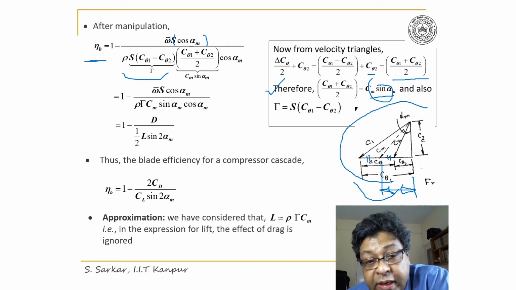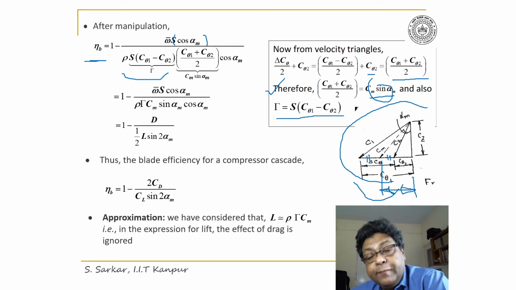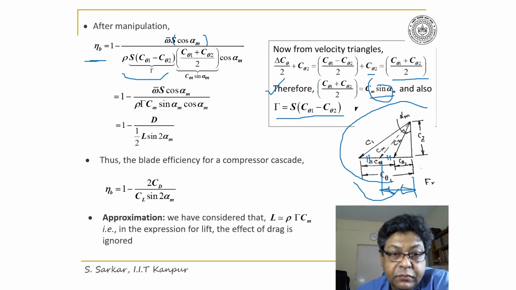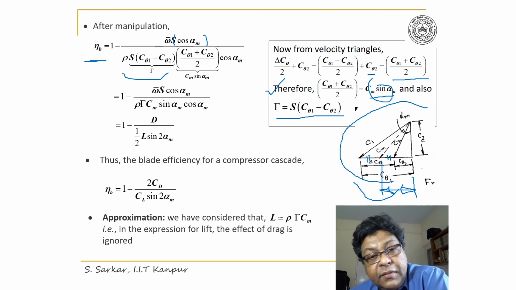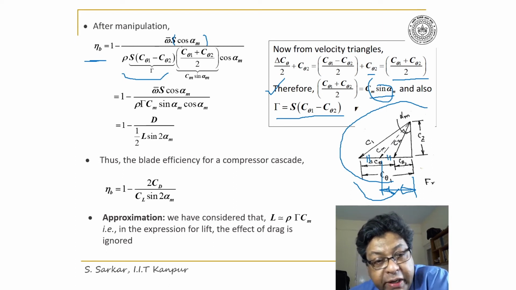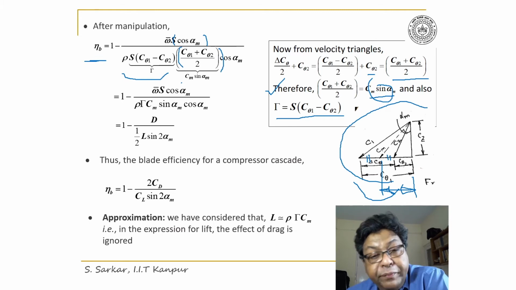Furthermore, gamma circulation is equal to S within bracket c theta 1 minus c theta 2 for a compression. Now put the value of gamma, and this bracketed quantity is equal to Cm into sine alpha m.